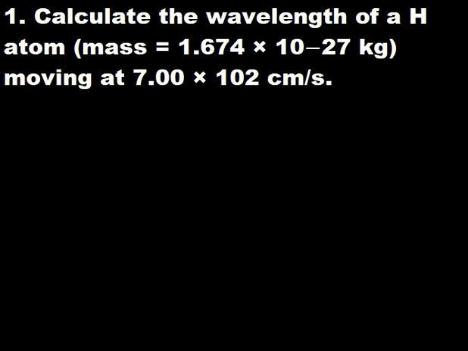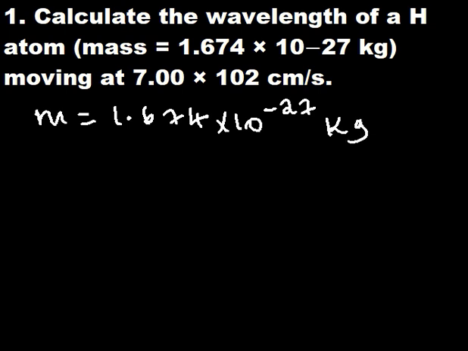Now let's say this is the question. Calculate the wavelength of a hydrogen atom of mass 1.674 times 10 to the power negative 27 kg, moving at a speed u of 7.00 times 10 to the power 2 centimeters per second.